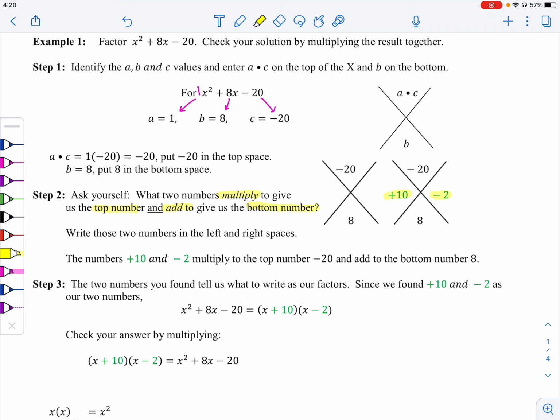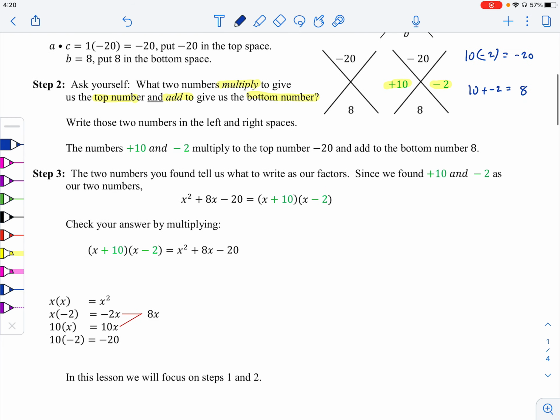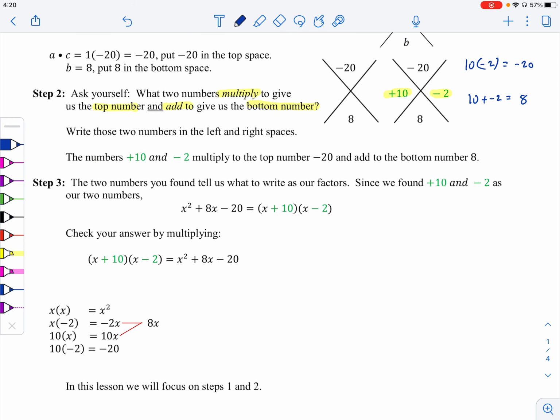So 10 and negative 2 multiply to negative 20, and they add to 8. So that's how we got negative 20 and 8 for that. So that's the first part.